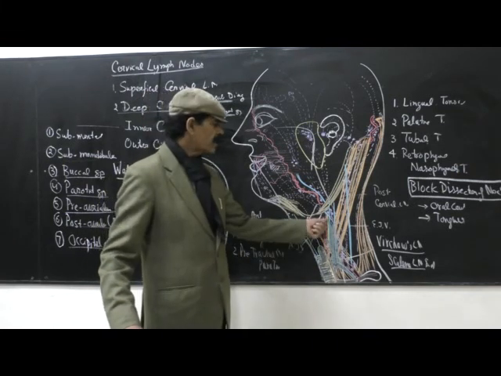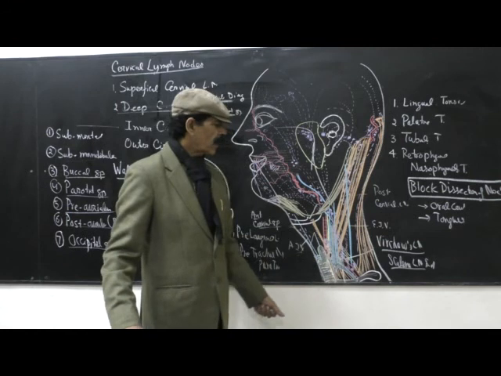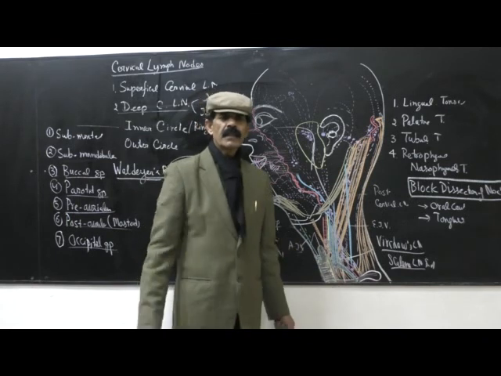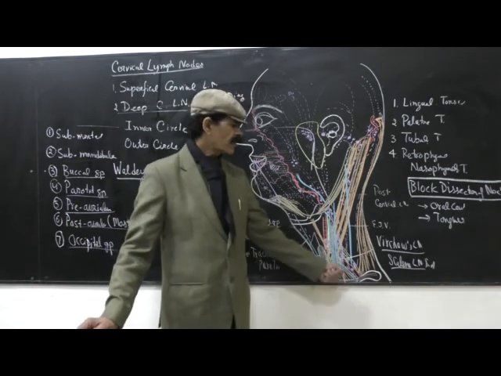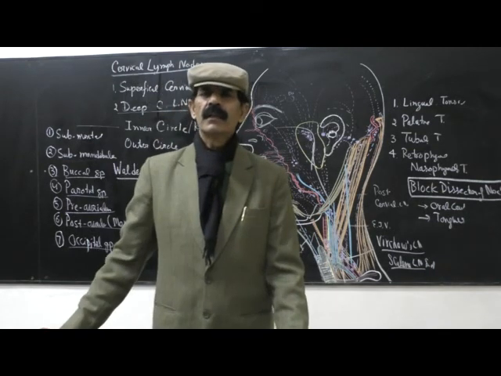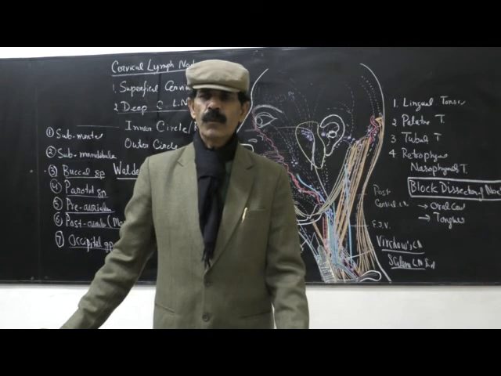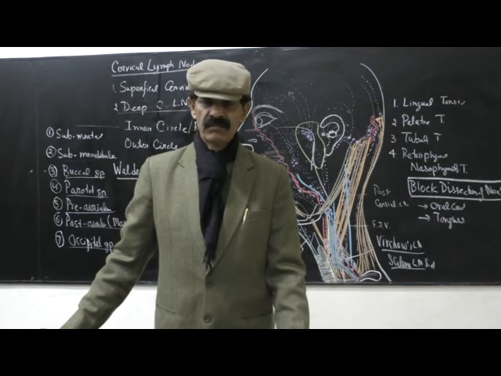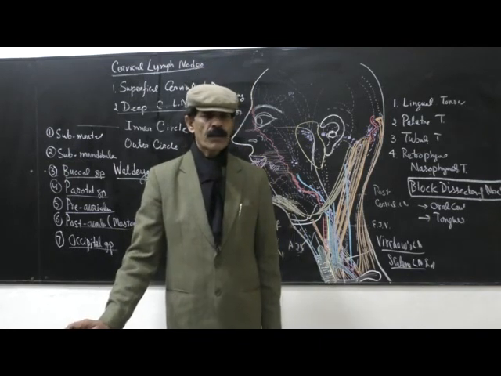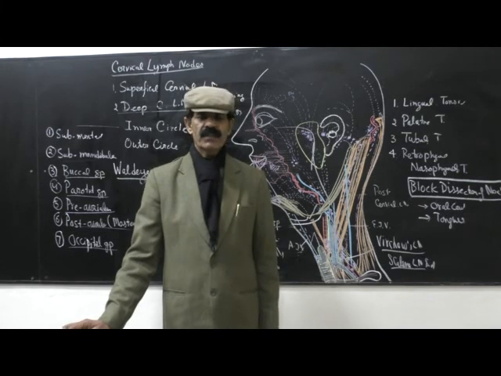And the jugulo-digastric and jugulo-omohyoid group lymph nodes, along with the scalene group of lymph nodes and the subclavicular group or the supraclavicular lymph nodes, which are also draining the upper limb, that is the axillary lymph nodes also. So this massive removal of lymph nodes is done to prevent the metastasis from the oral cavity or the tongue going to these areas. So we preserve the vital structures.